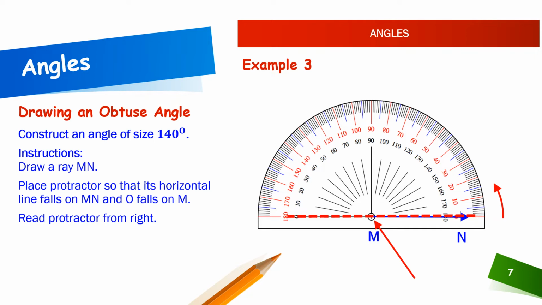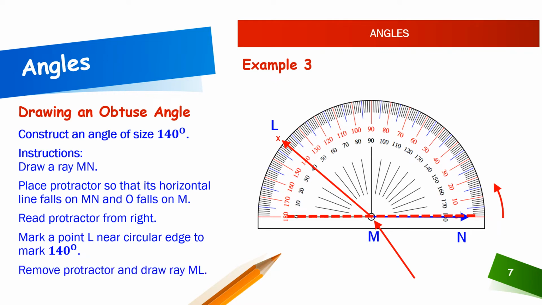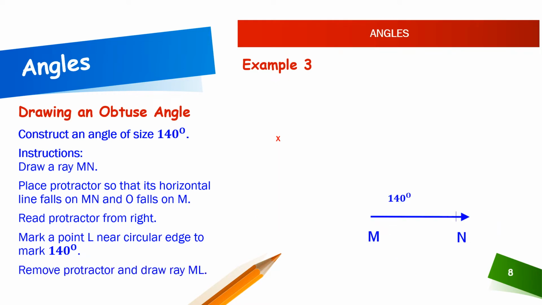Mark a point L near the circular edge to mark 140 degrees, as shown here. And then remove the protractor and draw the ray ML, as shown. Angle LMN equals 140 degrees is the required angle.